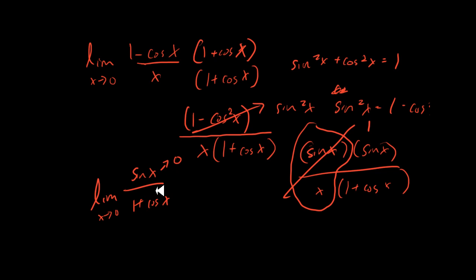The top part equals 0 once you plug in 0 for x. And 1 plus cosine 0 equals 2. But since the numerator equals 0, the entire thing equals 0.